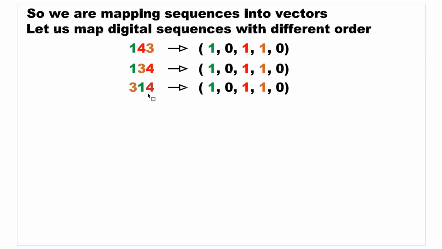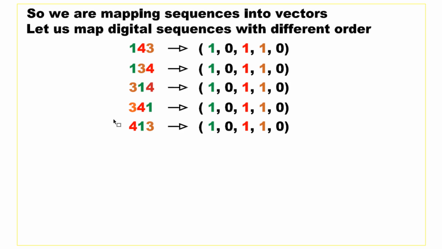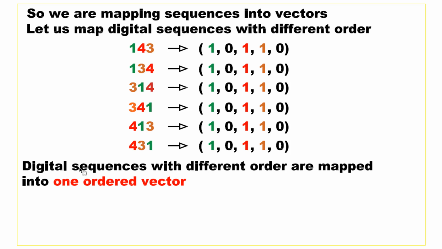Let us change it again and again, and all these sequences are going to be mapped into the same vector. So this is the most beautiful characteristic of this mapping: digital sequences with different orders are mapped into one ordered vector.